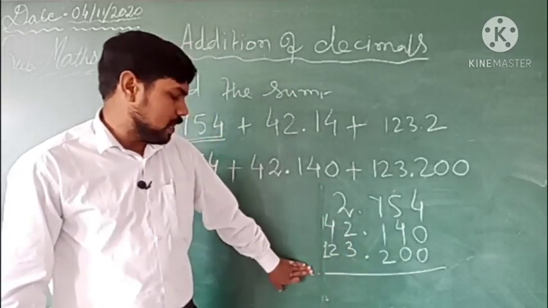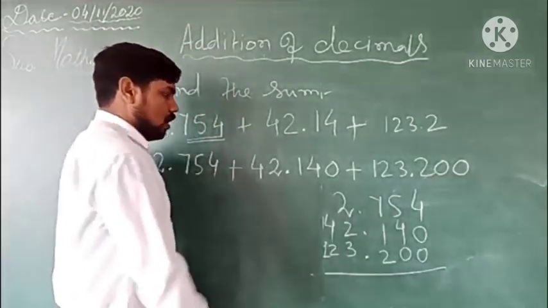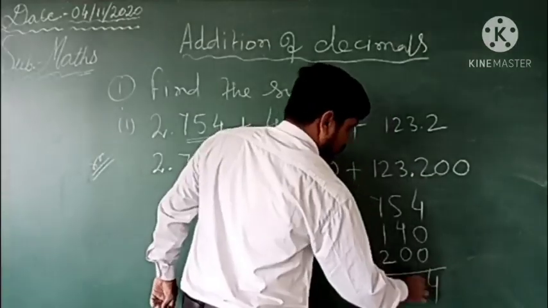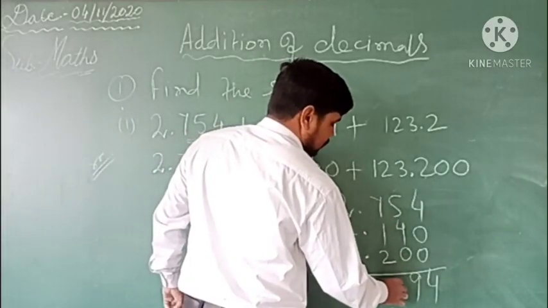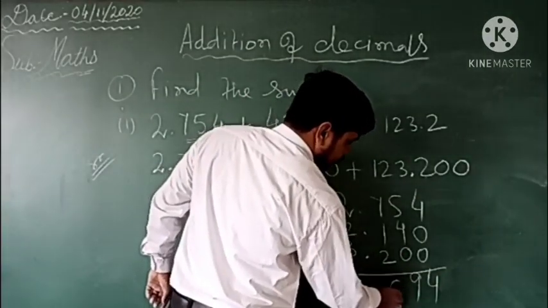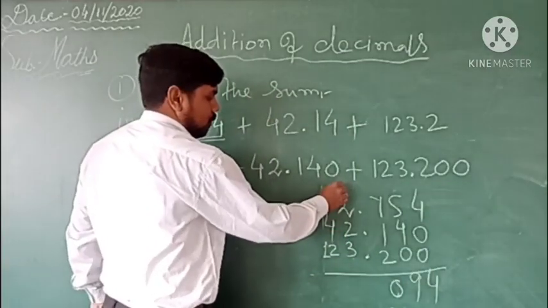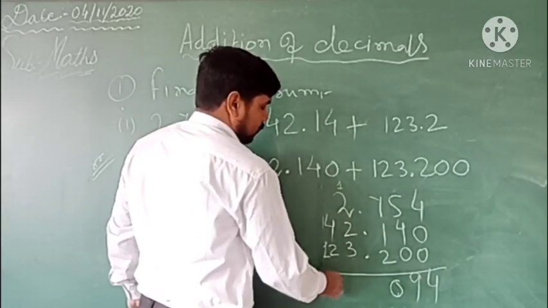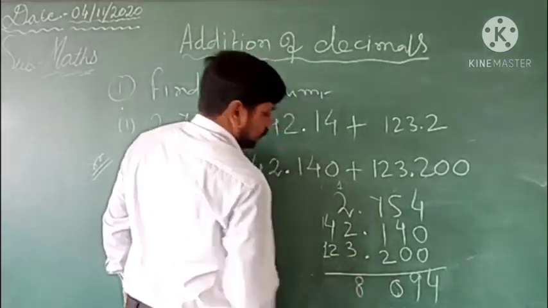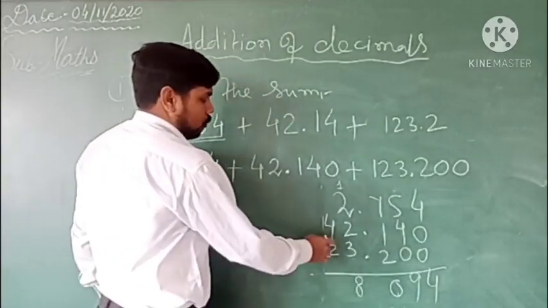So now you just add it. So 4, 0 plus 4 is 4, 5 plus 4 is 9, 7 plus 1 is 8, 8 plus 2 is 10, so 0 and 1 carry. So 1 carry here, 2 plus 2 is 4, 4 plus 1 is 5, 5 plus 3 is 8. And here 4 plus 2 is 6 and here 1.